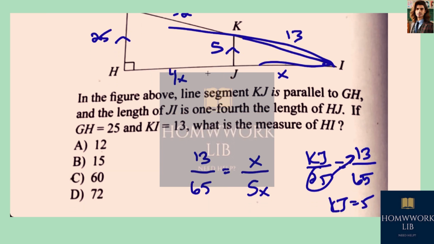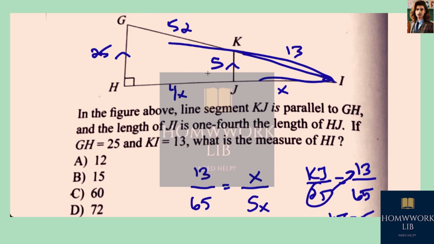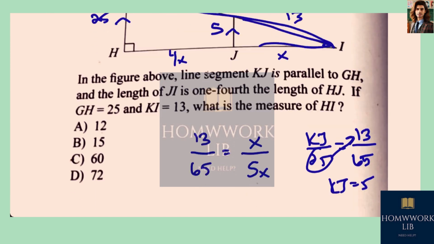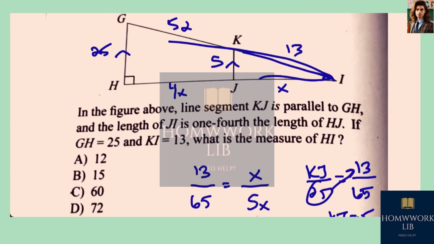And so now we could do, I'm doing more work than I need to for you, but it's okay because this is a right triangle and we can use the Pythagorean theorem.